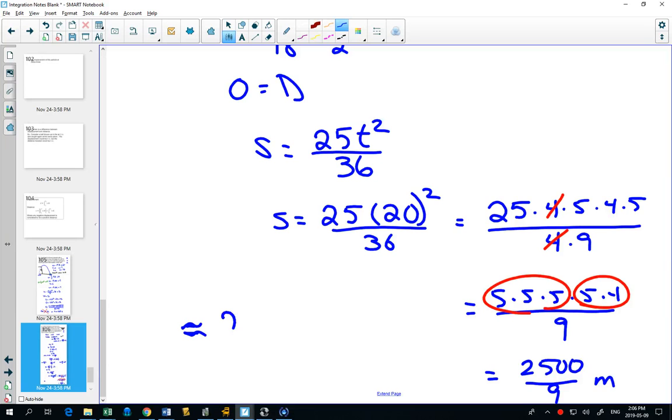Roughly. Wow, that 7 got really bad. 277.8 meters in 20 seconds.